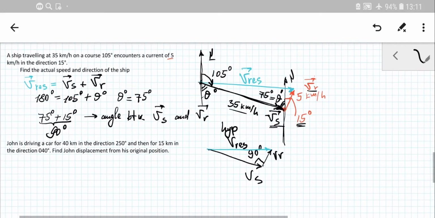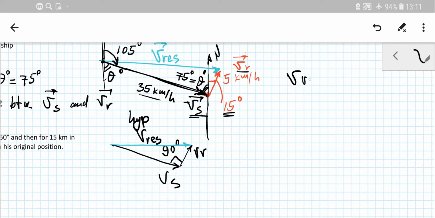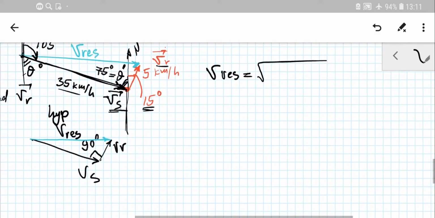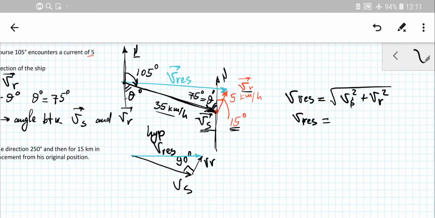So we can say that V resultant is the square root of Vs squared plus Vr squared, which, if we plug in the values, is simply 35 squared plus 5 squared.